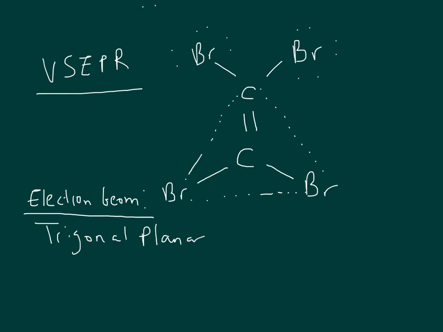Now, looking over here, not only do we have the same electron geometry, we have all 3 atoms occupying those electron openings, we could say. So since the electron geometry is the same as the molecular geometry, we would then also consider the molecular geometry to be trigonal planar as well. Trigonal planar.